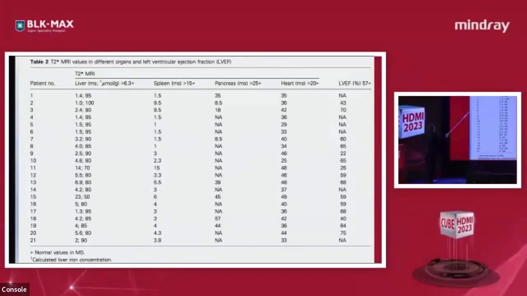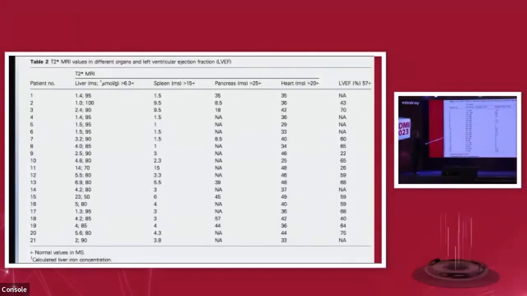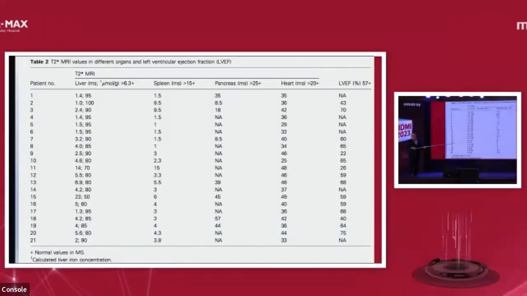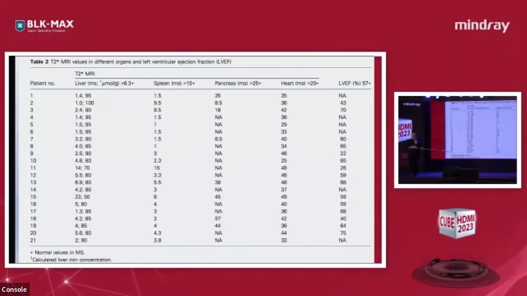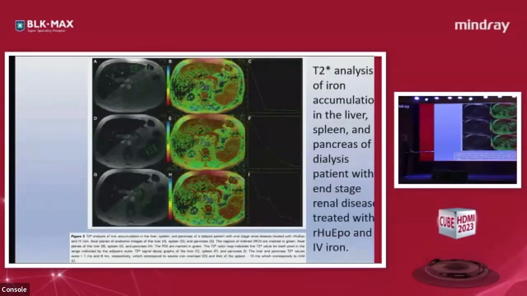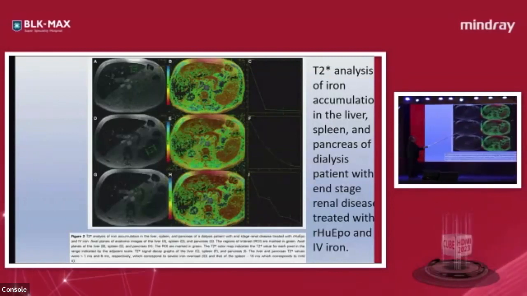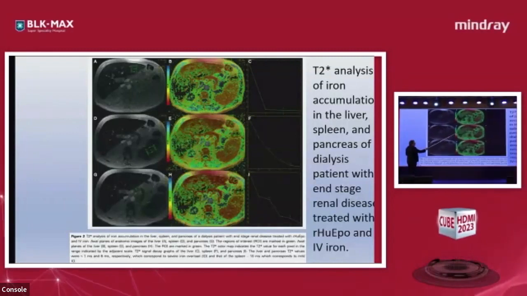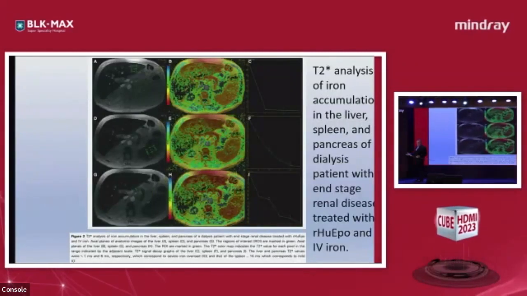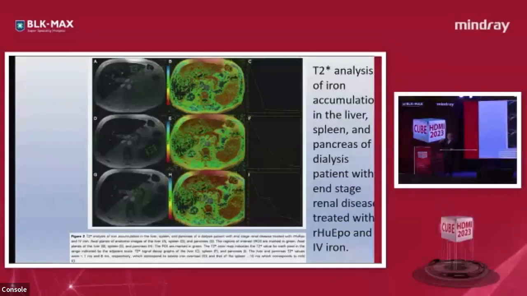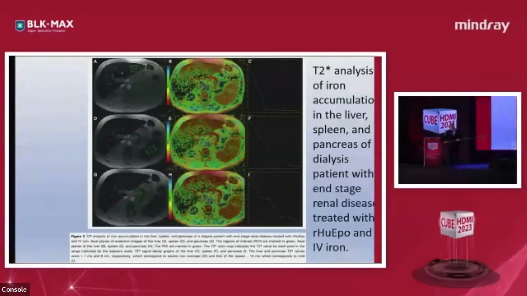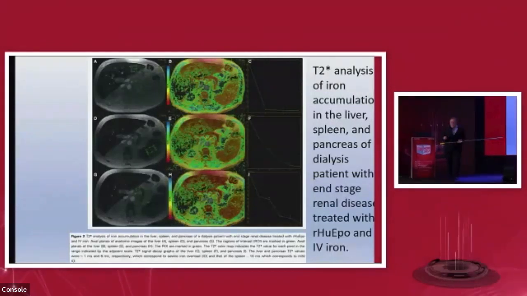And here the T2 star demonstrates the iron overload in all of them. It was iron overload, similar to sickle cell anemia with multiple transfusions. We were checking the T2 star, and the analysis shows an accumulation in the liver, in the spleen, and in the pancreas. This ferritin contains iron, my God. But this was a lie, sorry, because it was never demonstrated that ferritin is inflammatory and doesn't contain iron.